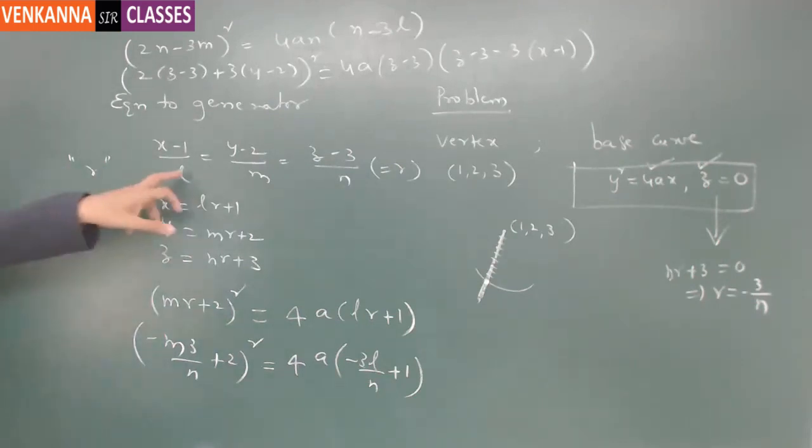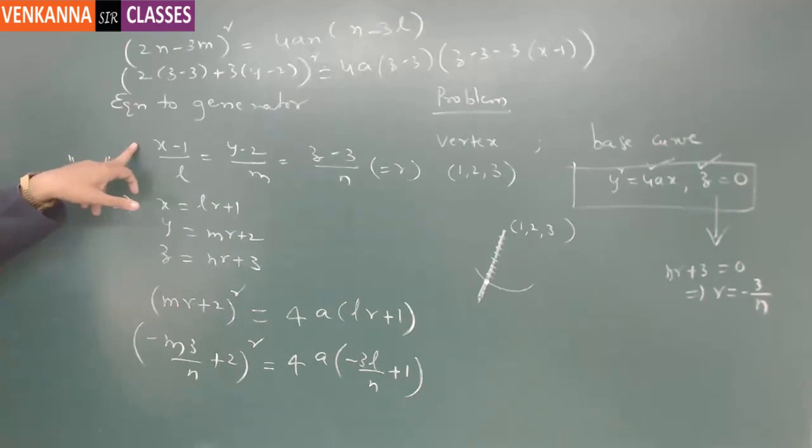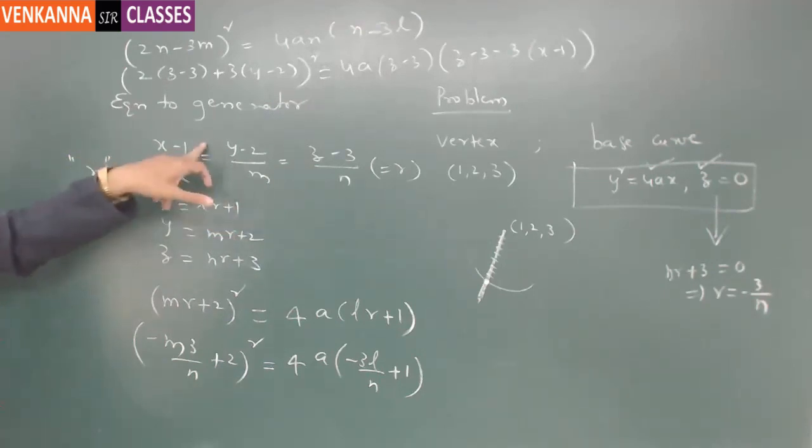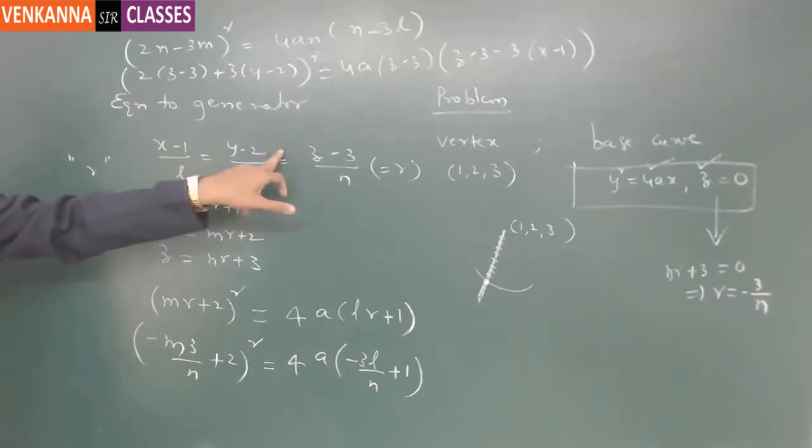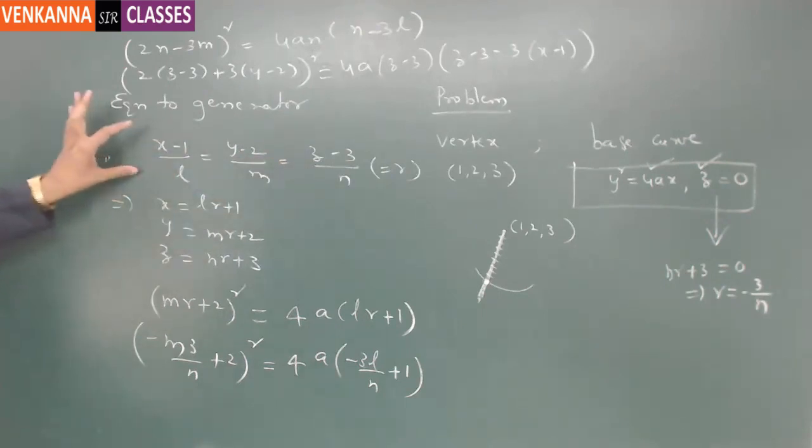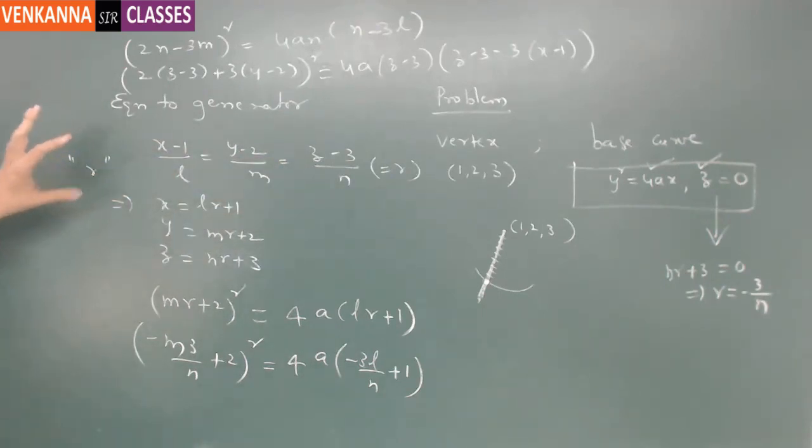So in place of l, m, n, for l we are substituting x minus 1, for m y minus 2, for n z minus 3, because the values are proportional.